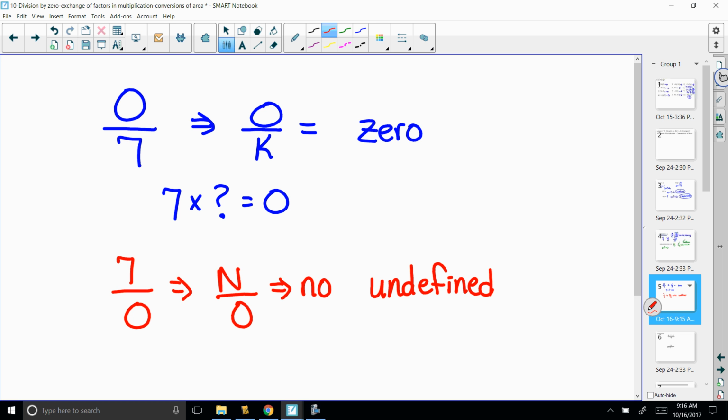So it's okay to take 0 and divide by a number, but you cannot take a number and divide by 0. That's when you get undefined. The first one, your answer is 0. The second one, the answer is undefined. 0 divided by 7 is 0.